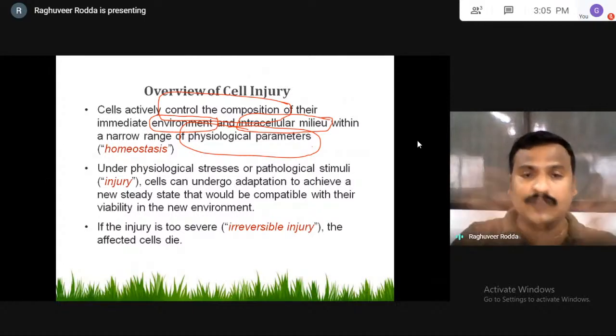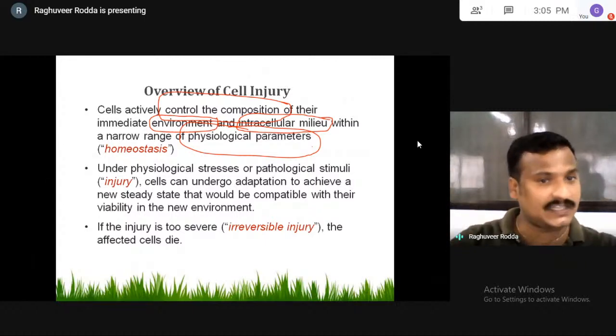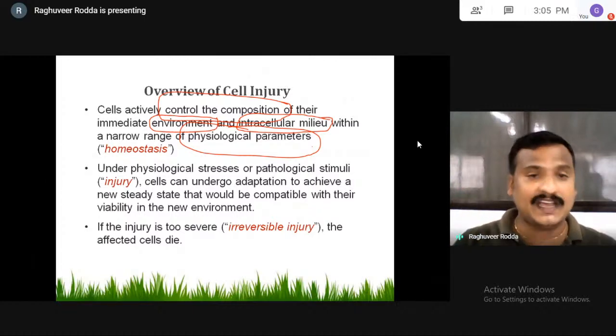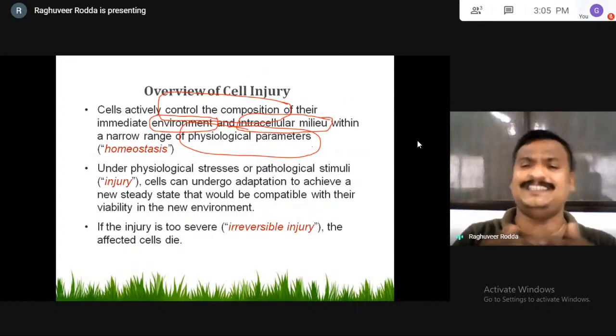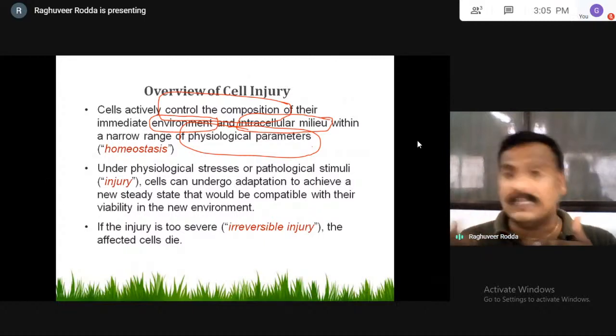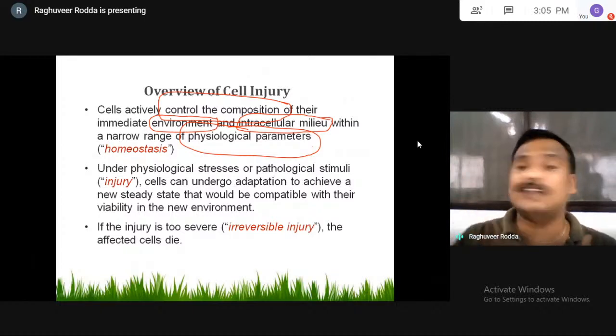By controlling all of these, the cell maintains its external environment and intracellular milieu at a narrow range, because even a small difference between the normal condition and abnormal condition definitely affects the cell functions and the cell structure.